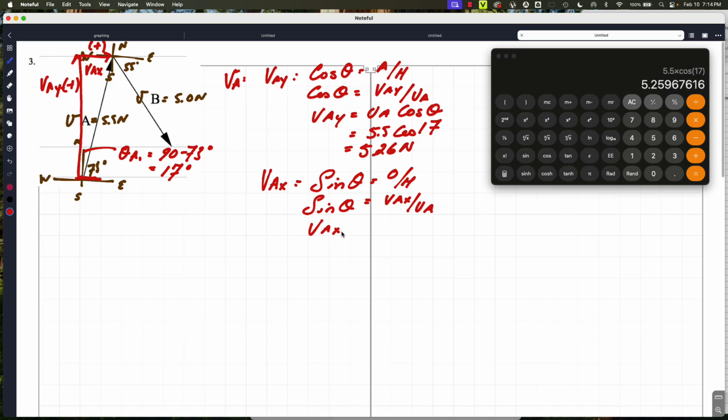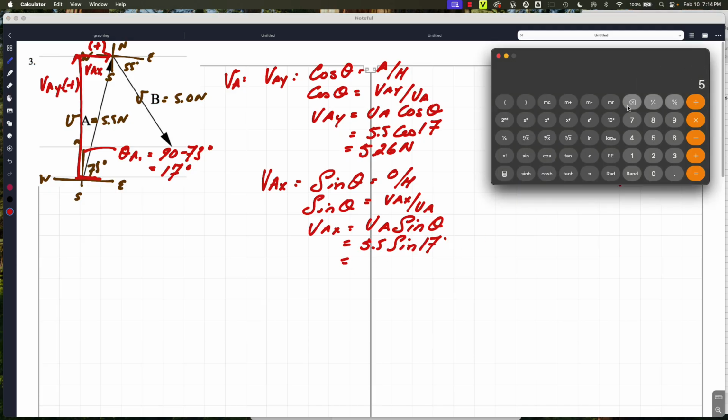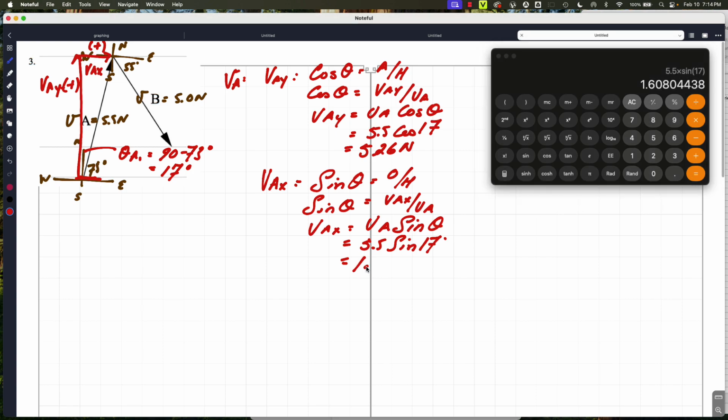Therefore, VAX is going to be just simply VA sine theta. 5.5 sine 17 degrees. 5.5 times 17 degrees sine is 1.61 newtons. Now remember, VAY went up, and the direction for up is positive. VAX went to the right, and the symbol for right as a direction is positive. So they're both positive.